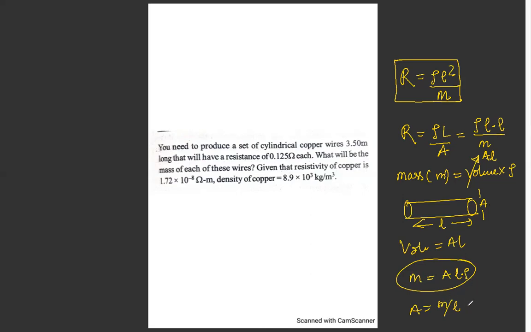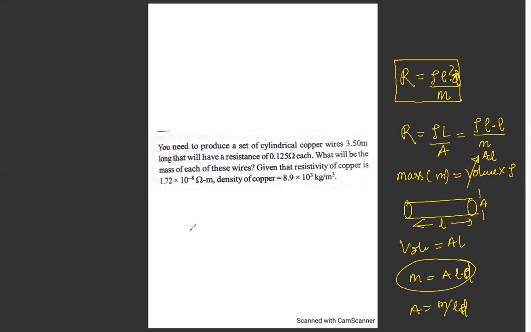Anyways, mass is area into length into density, so area can be written as M by L rho. And this one is density, so I'm writing it here as D because already one rho is there for resistivity. So it is rho L square D by M. So the resistance can be written as rho L square D by M.